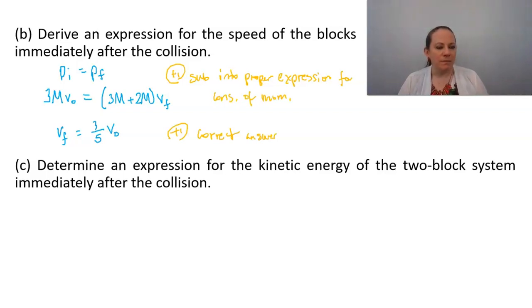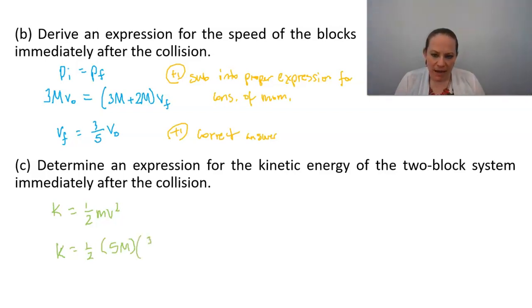And part C: determine an expression for the kinetic energy of the two-block system immediately after the collision. That one likely is not so bad, so we're going to remember kinetic energy is equal to 1/2 mv squared. So we simply need to substitute. We have a total mass of 5m moving together after the collision and moving at a speed 3/5 v naught, the whole quantity squared there.